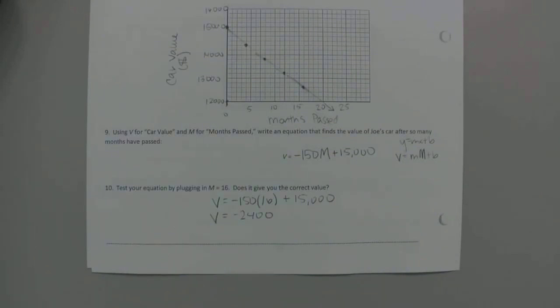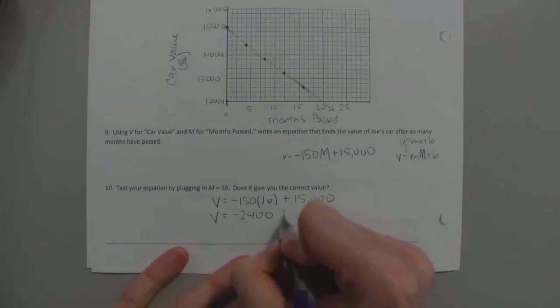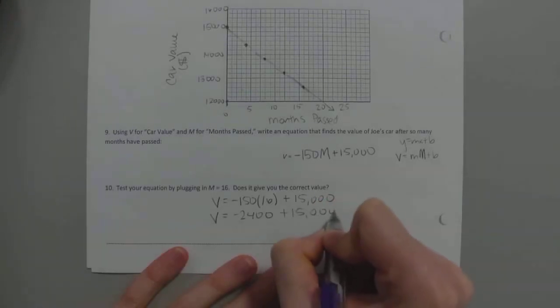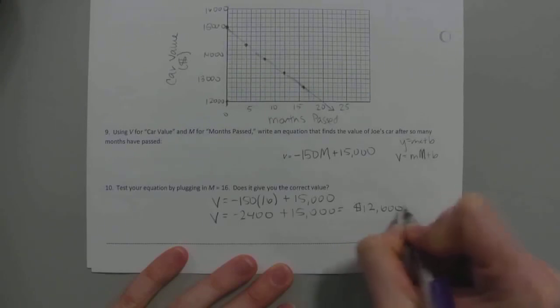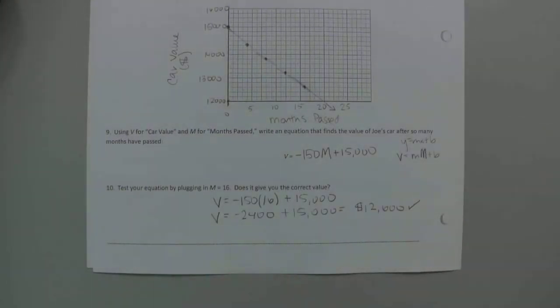So what's 150 times 16? What is that when you guys do that? Negative, okay, so a big negative 2,400. Is everyone okay with that? So it went down 2,400 from the starting point of the 15,000. And what should that be when you add those together? The 12,600.